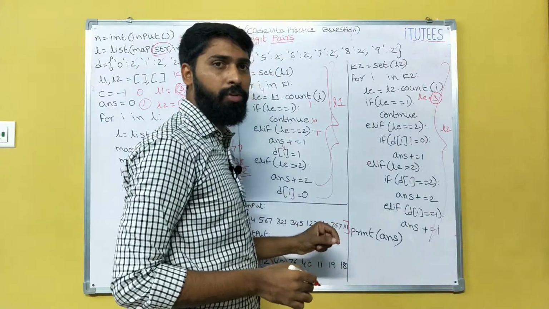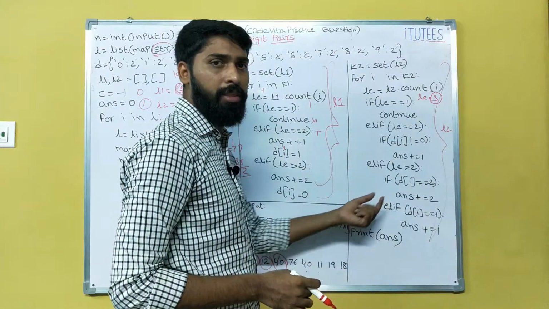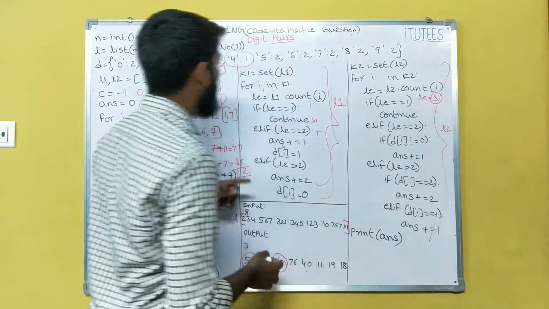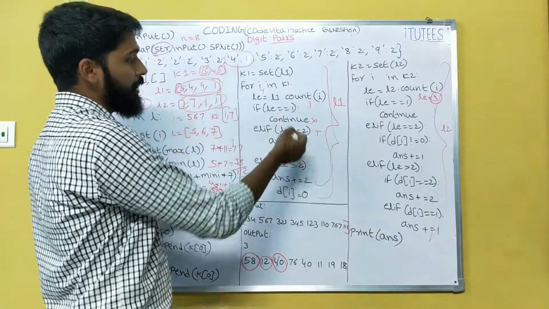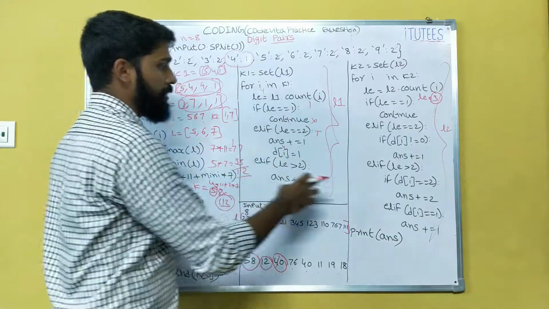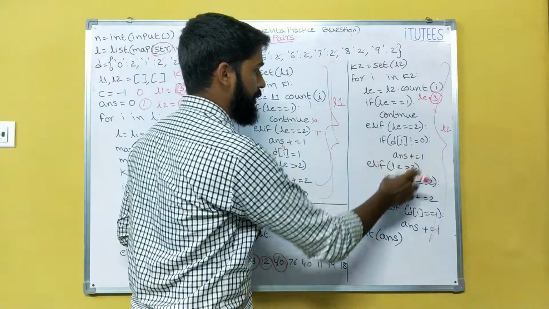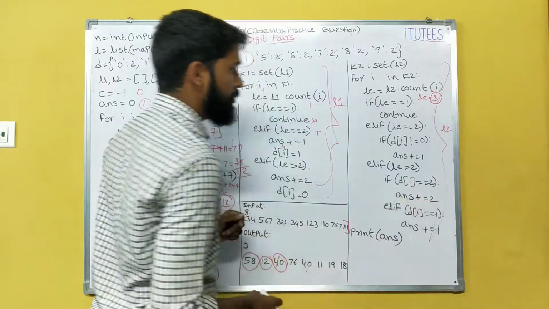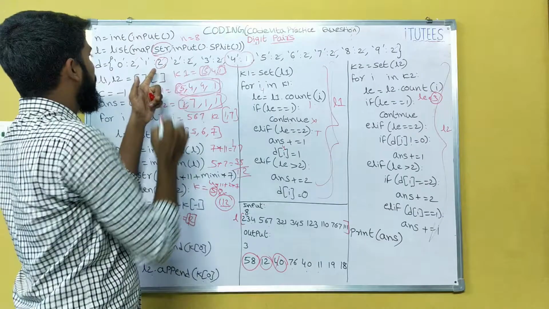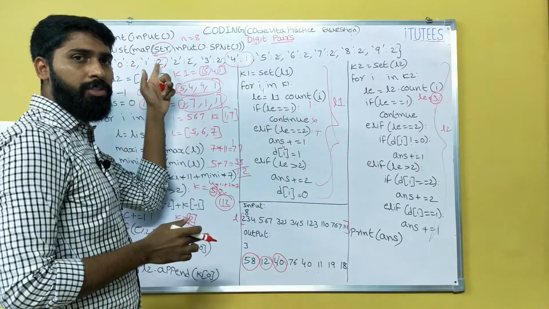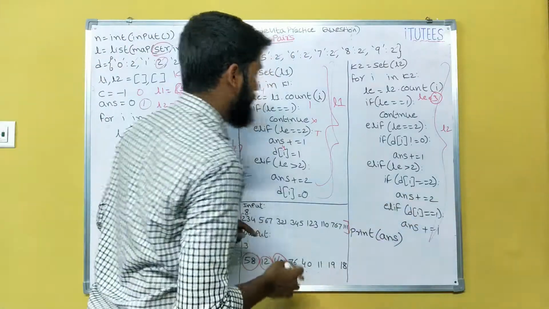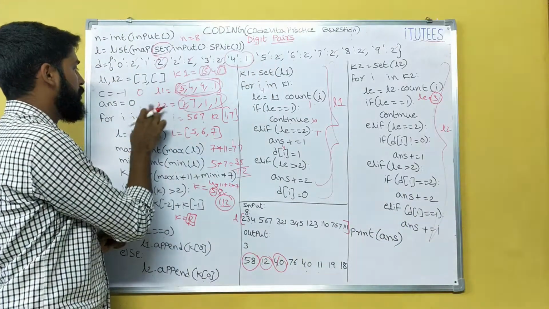Greater than 2 means at most we can pair with 2 only. So D of I equals 2. We can check that: is there any pair already in L1? No. So D of I equals 2. That means up to now there is no pair with 1, so answer increases by 2. That means 1 plus 2, 3.